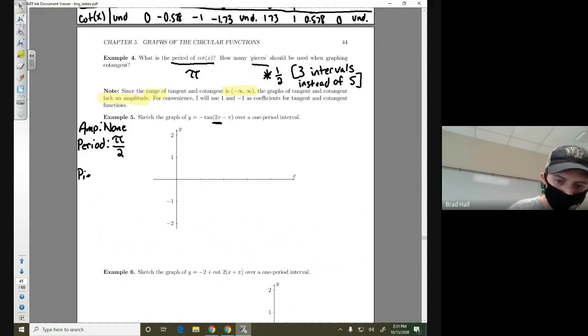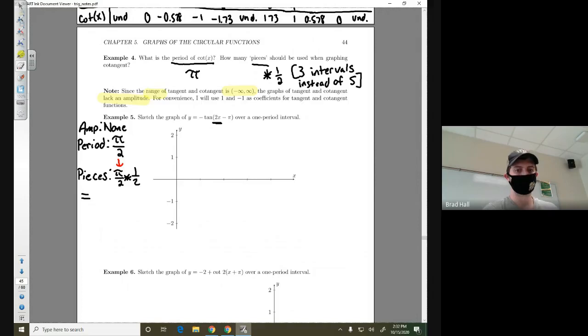Now the pieces. You still drop whatever the period is down, but we're not multiplying by 1/4 anymore. We're multiplying by 1/2. And also, I forgot to put that there's no vertical shift. Didn't I normally put that after the amplitude?